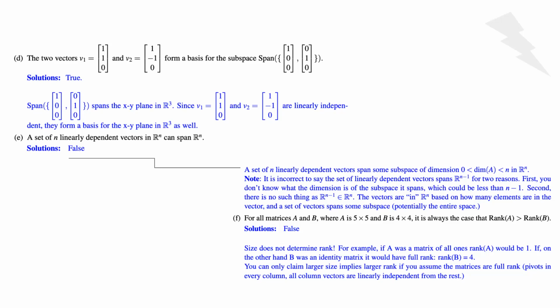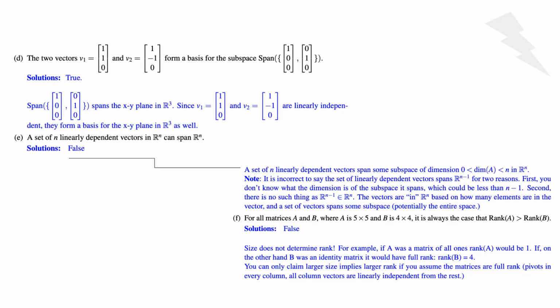So in this case, the span of (1, 0, 0) and (0, 1, 0) essentially spans the XY plane. If you don't look at that Z coordinate, then you have (1, 0) and (0, 1), and those are unit vectors on the X and Y axis. And so that essentially spans the XY plane in R3, and then adding in that 0 just says that it's spanning that base plane.